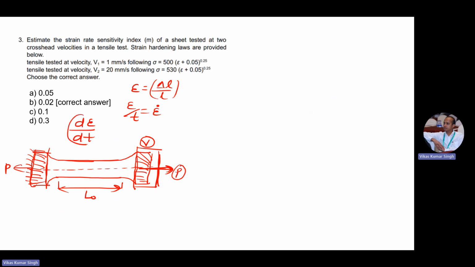So delta L by L divided by time. Delta L by t is the change in length with respect to time, which is nothing but velocity. So the strain rate in terms of velocity we can write as V by L naught.